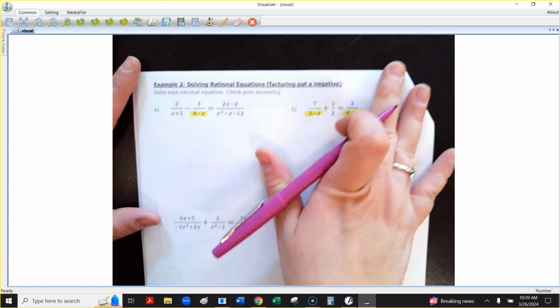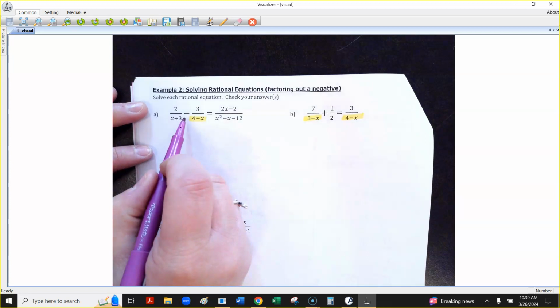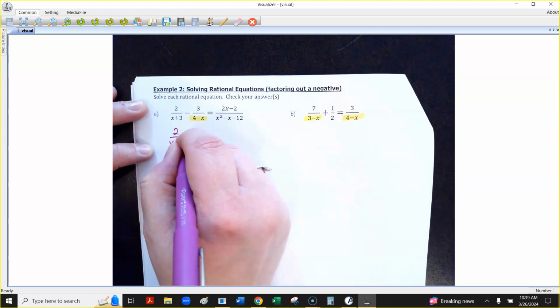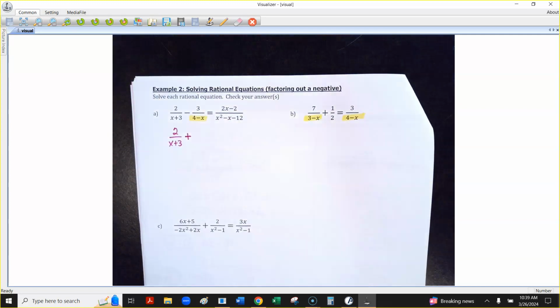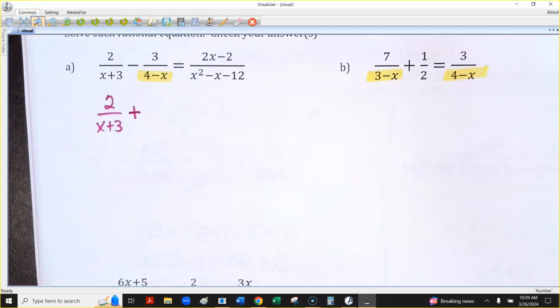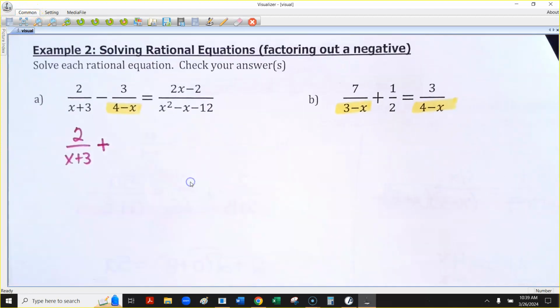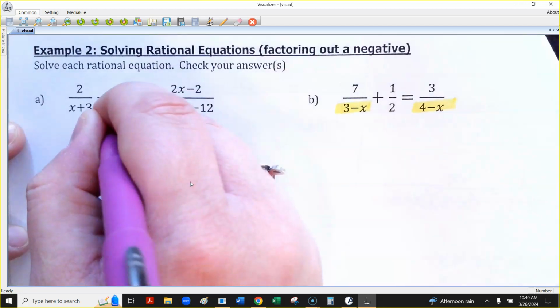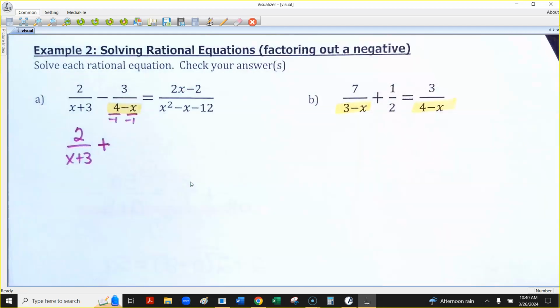All right, so do you see how this is subtraction in between here? I'm going to change this to a plus sign. Let me make it so I can actually see it. Okay, so I'm going to change that to a plus sign. What I'm going to do to allow me to do that is divide just the denominator. You don't do it to the top and the bottom, just do it to one part of the fraction.